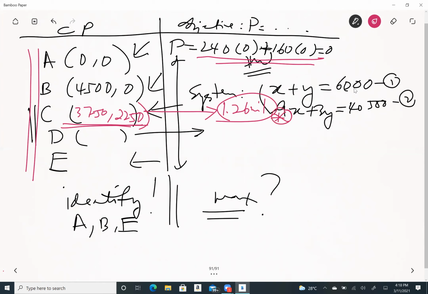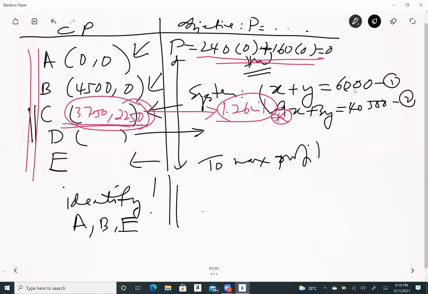And the point that gives you the maximum is what? Point C, 3750, 2250. All right. So that is not the end. What you need to do is you have to conclude. Based on the point, we have to describe that one. So we say this: to maximize profit, what do you have to do?